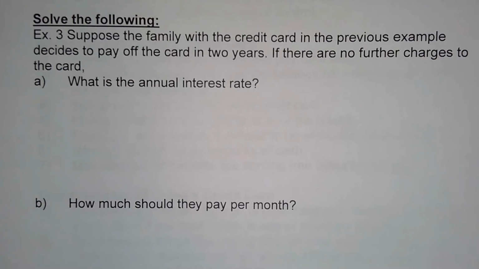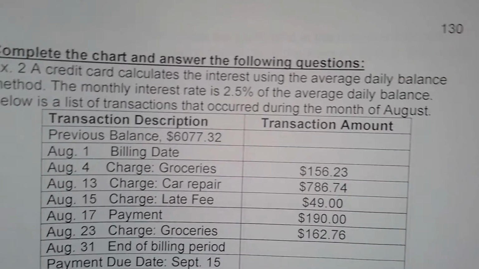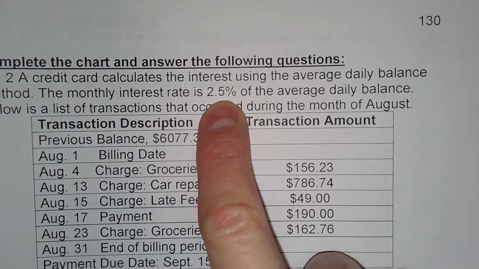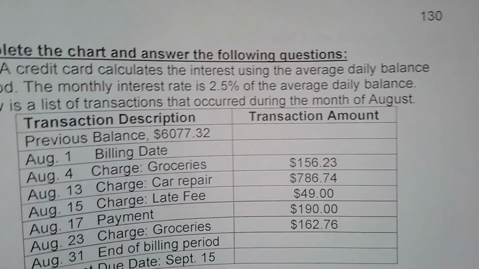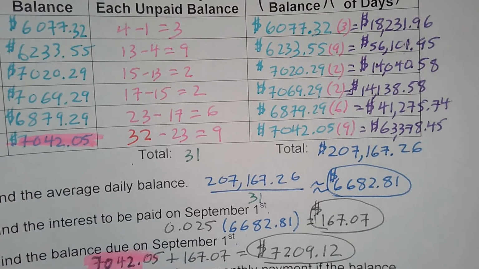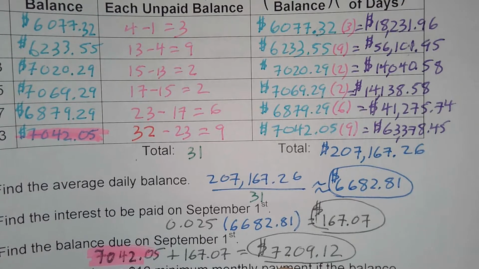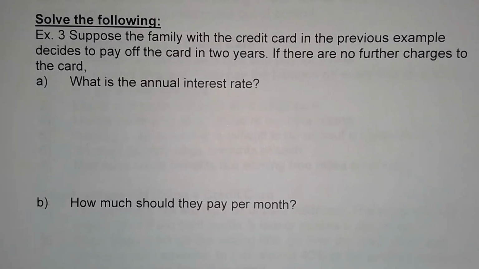So, remember previously in example 2, we had a monthly interest rate of 2.5%, and the balance due from part C was $7,209.12. So let's copy it down to this problem.